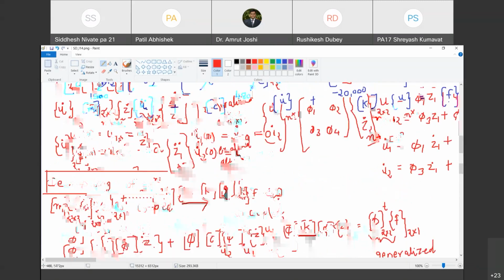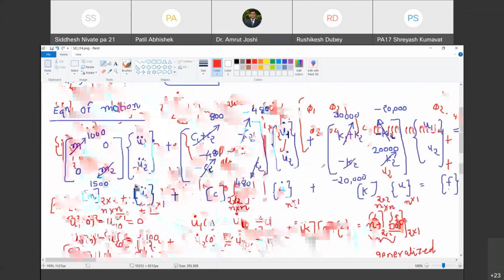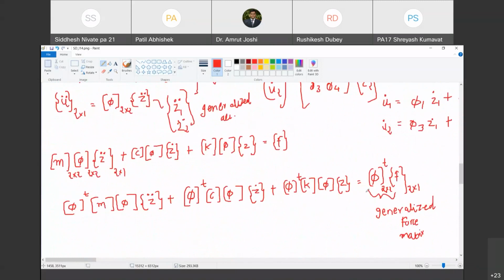Here our forces are zero, so the generalized force matrix and the parent force matrix both are going to be 0 0. That is okay, but I am now developing in general the philosophy to analyze a multi degree of freedom system. Are you with me? Yes, sir. Now my claim is I have taken so much effort to find phi such that phi transpose M phi is diagonal.